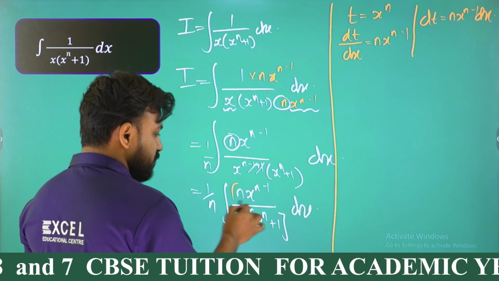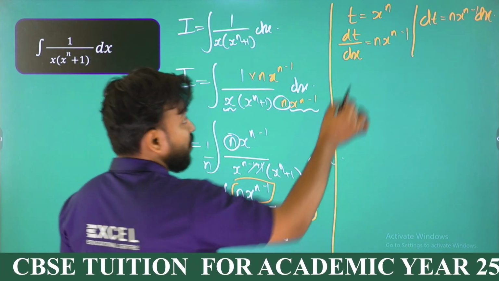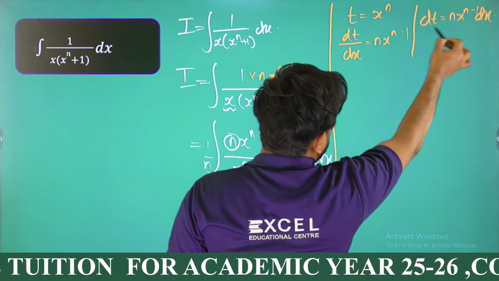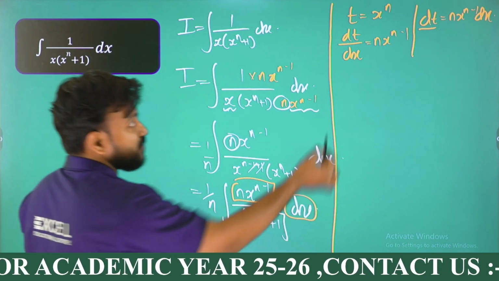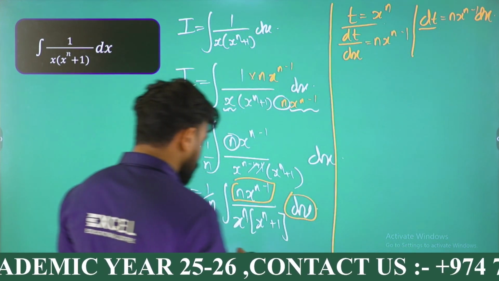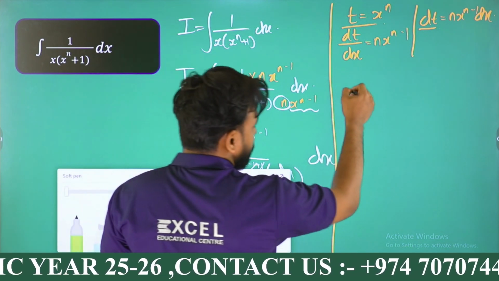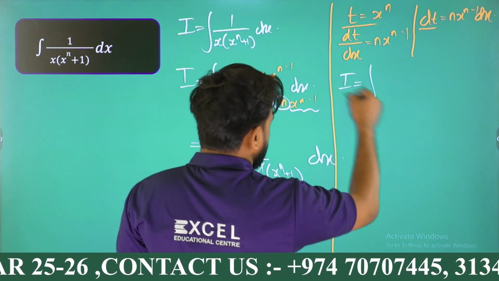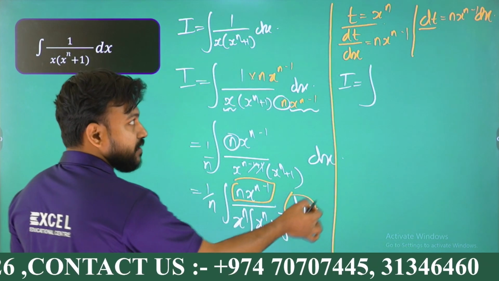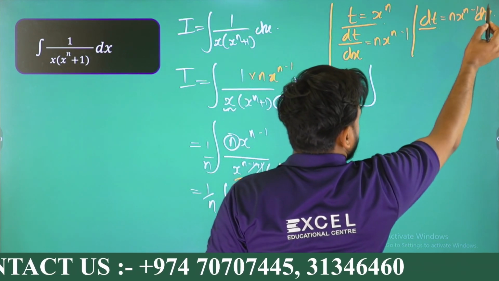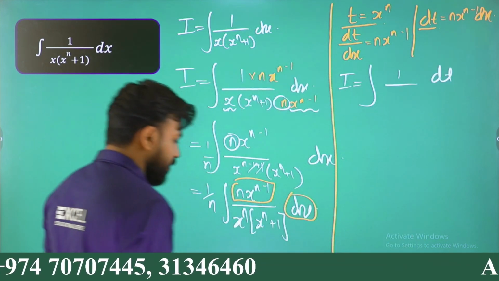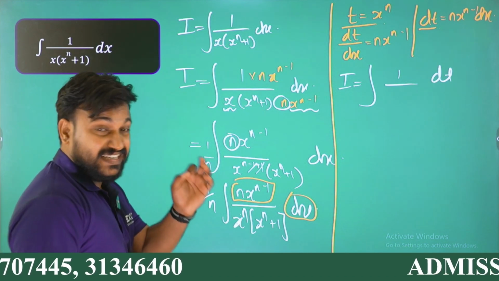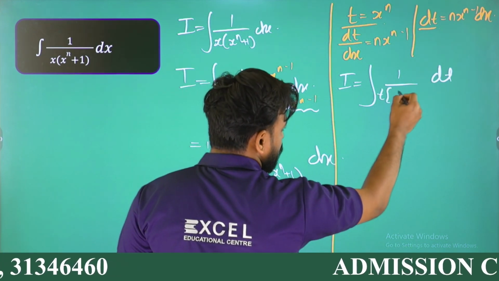So nx raised to n minus 1 into dx, I got it here as dt. Substitution is possible. And these two x raised to n we can substitute as what? t. So let me perform that substitution. Integral, all these things, nx raised to n minus 1 into dx become what? dt. 1 by what it is? x raised to n become what? t. t into t plus 1.